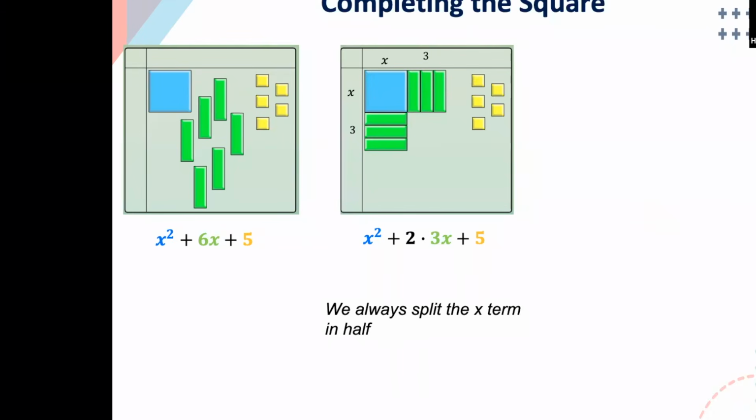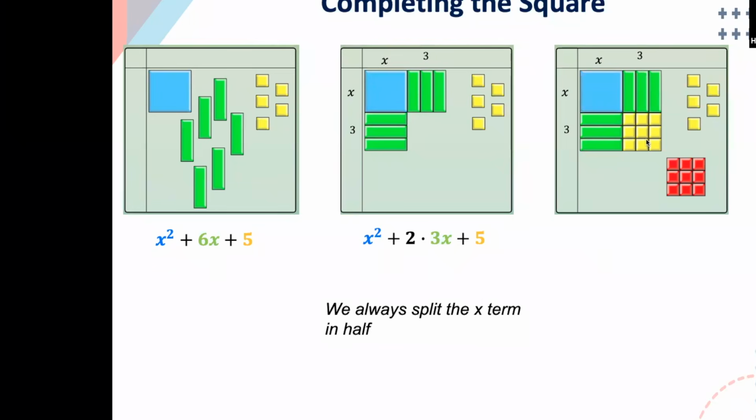In order to complete this shape into a square, I need to fill in this space. I can either use what is given, or I can add 9 zero pairs. So I'm not touching my original quantity, 5. I'm just adding 9 positive ones and 9 negative ones. I am doing this because I don't want to change the original quantity.